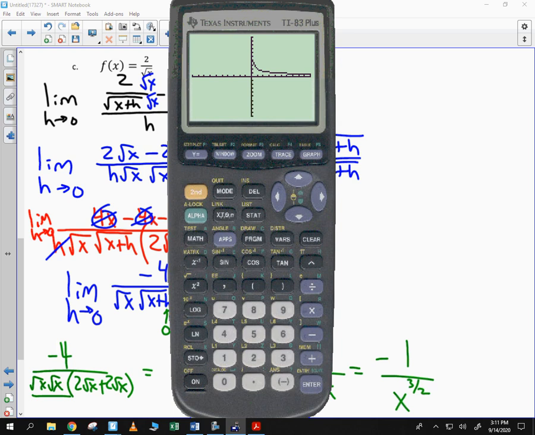So the graph of this derivative should always be below the x-axis. As I look at it, I go negative 1 divided by x raised to the parentheses 3/2 power. And when I do that, it always sits below the x-axis. There we have it.